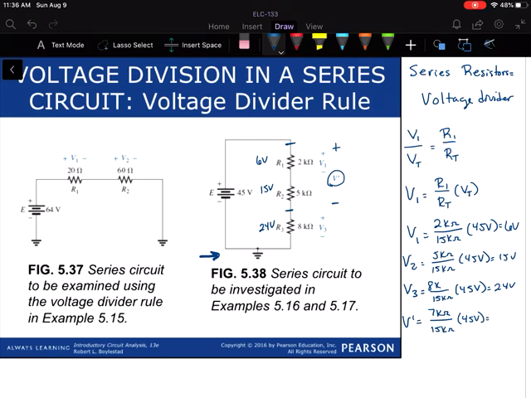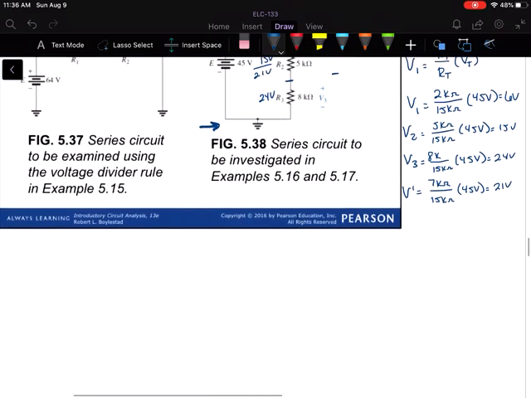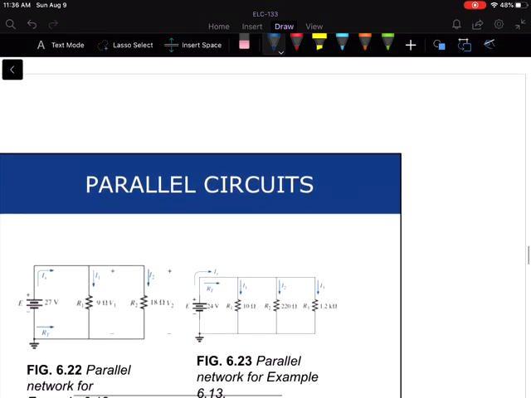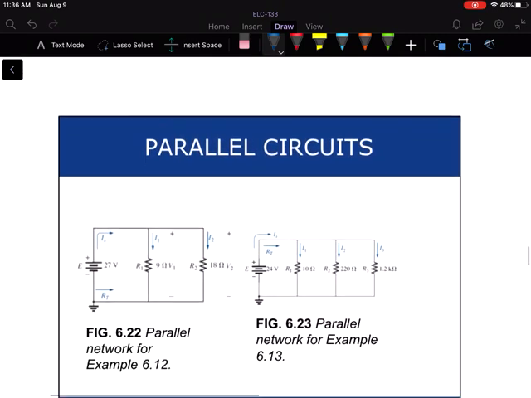And we should get there 21 volts. And notice that is the sum of our 6 plus 15. We will practice a lot more with the voltage divider rule this semester, so please go over that some more.